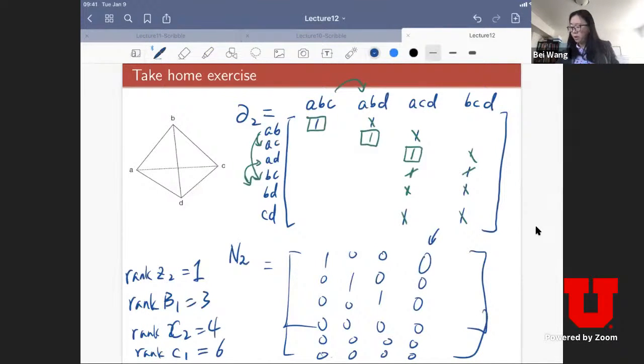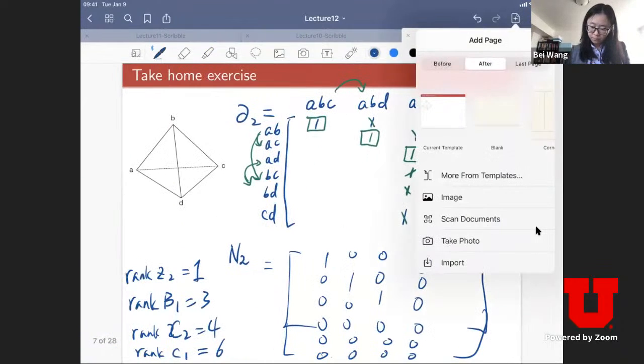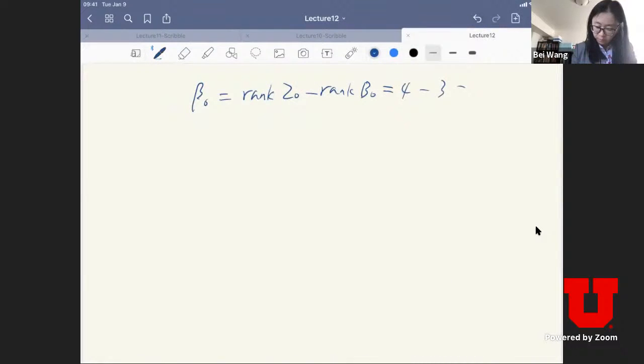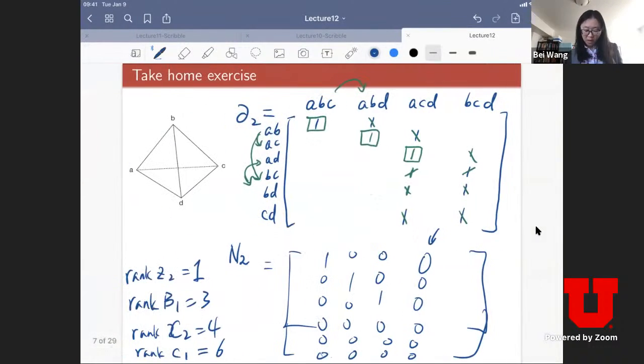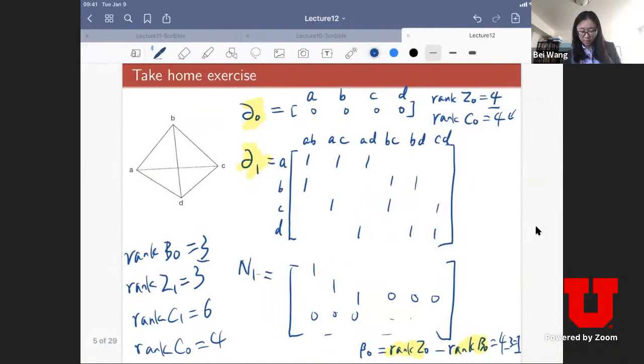So now how do I compute? Remember before, beta 0 is the rank of Z0 minus the rank of B0, which is equal to 4 minus 3 equal to 1. Beta 1 is the rank of Z1 minus the rank of B1. From the reduced matrix here, the rank of Z1 is equal to 3.